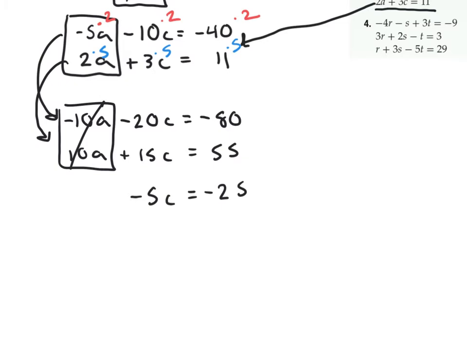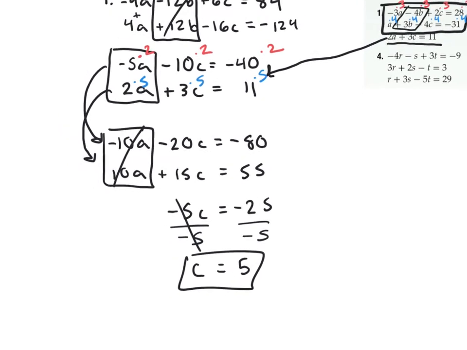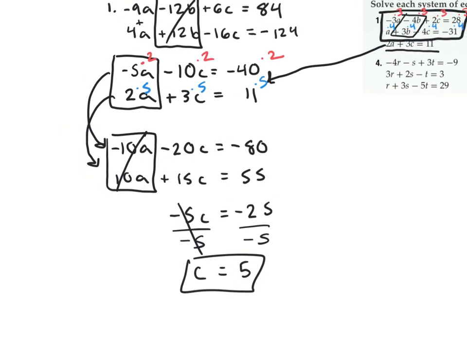How do we solve for c? Divide by negative 5. So these cancel. C is equal to what? 5. So we got our c. Now we need to take this and plug it into one of our equations with two variables. So which equation do you want to plug it into?